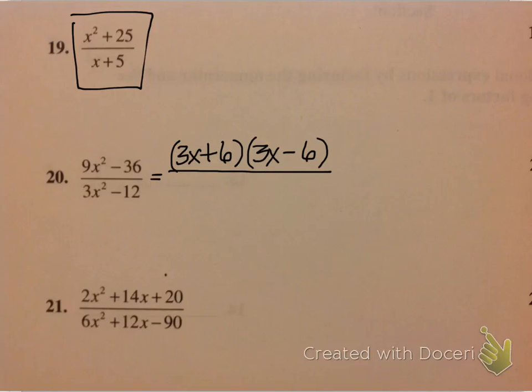In my denominator, 3x squared minus 12, now that's not a difference of squares, but I do see that they have a GCF. So let's pull the GCF of 3 out. That's going to leave me with x squared minus, if I factor a 3 out of 12, it leaves me 4.